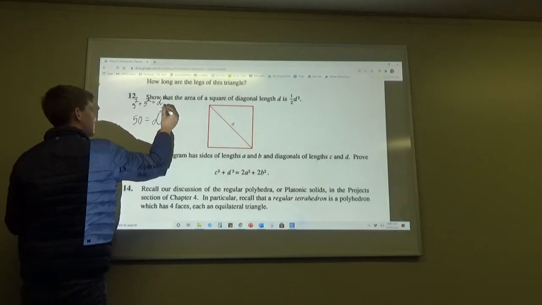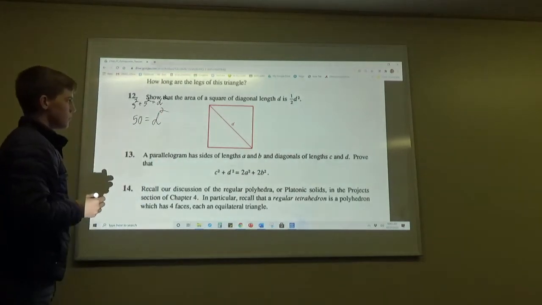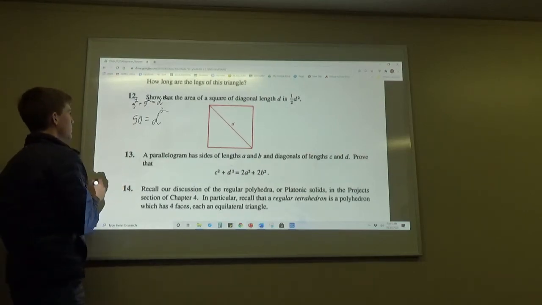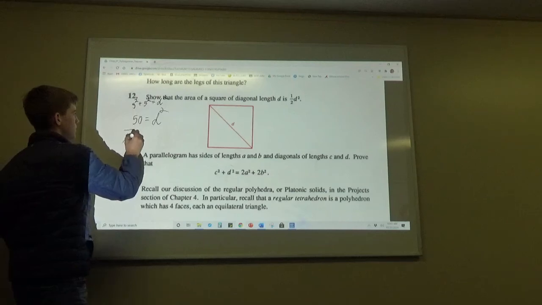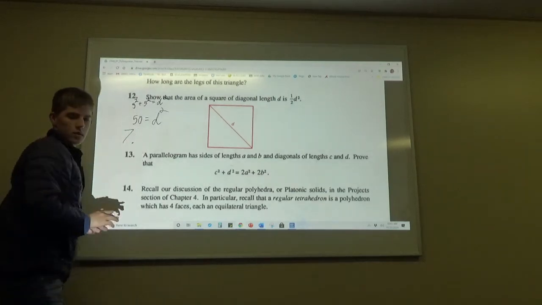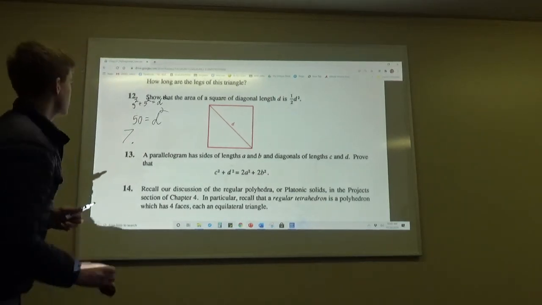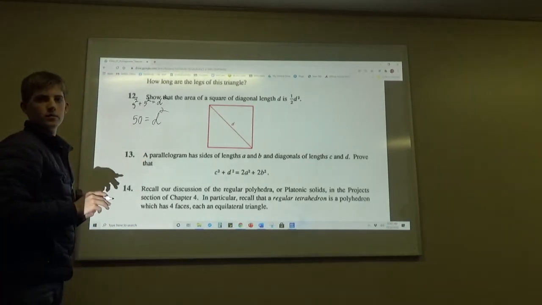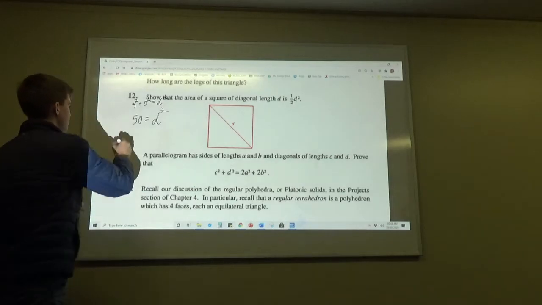Now, the square root of both sides will get you d, right? Yes. To be accurate, the square root of 50 equals d. So write square root and put a 50 underneath it.